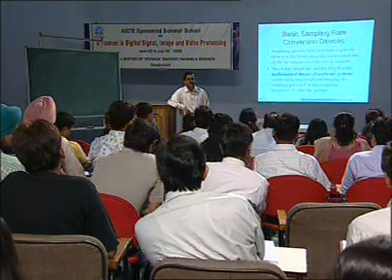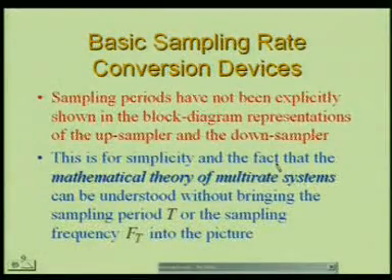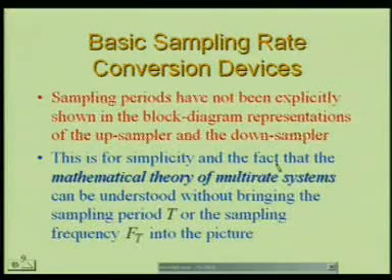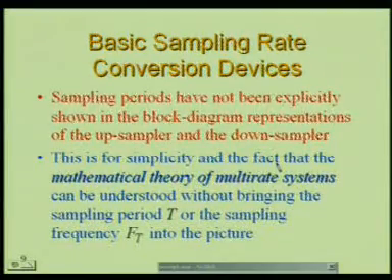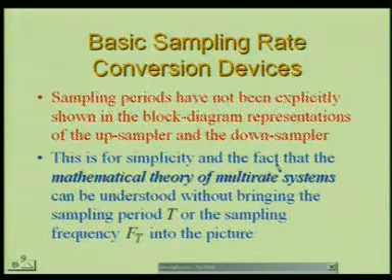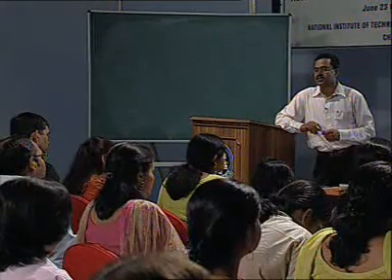Then we should discuss some of the basic sampling rate conversion devices. Sampling periods have not been explicitly shown in the block diagram representations of the upsampler and the downsampler. That is why I have not explicitly shown the sampling periods.